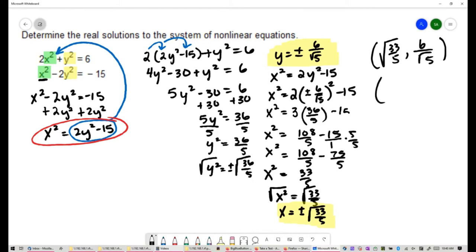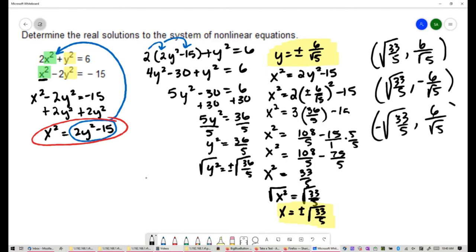And then we have positive square root of 33 over 5 and negative 6 over square root of 5. Then the next one, the square root of 33 over 5 should be negative. We'll have a negative square root of 33 over 5 and a positive 6 over square root of 5, and a negative square root of 33 over 5 and a negative 6 over square root of 5. So that would be our 4 solutions.